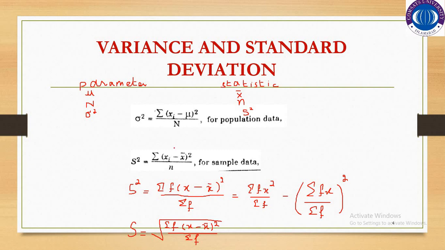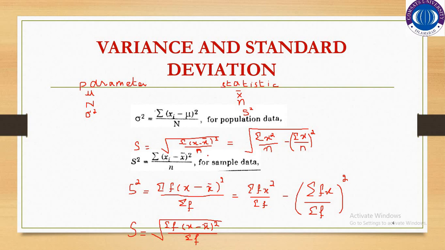If you want to find out the standard deviation for ungrouped data, S is equal to, and this could be written as, under the root summation x square over n minus summation x over n, whole square.